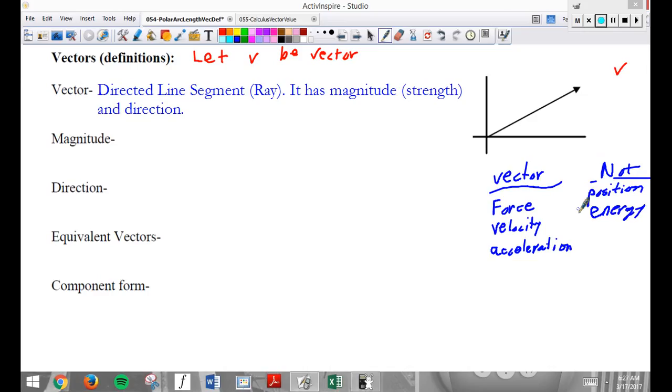A vector for a position function would be not just a list of its location, but how its location is changing. There's a vectorization or a parameterization, and you'll see how this relates to parameters very shortly. So not position in one direction, position in two directions would be.